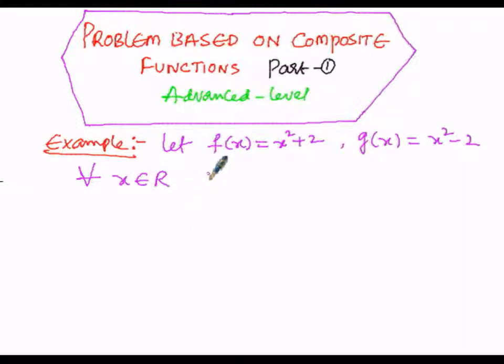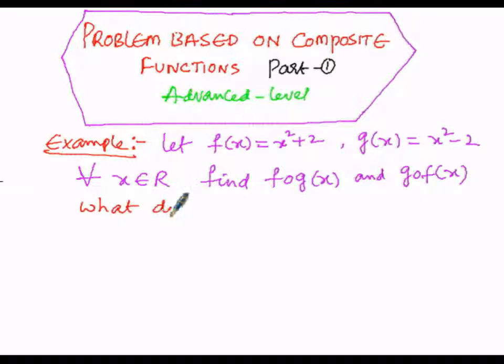Here we have to find out f of g of x and g of f of x. Then later, what do you conclude or infer after finding f of g and g of f?